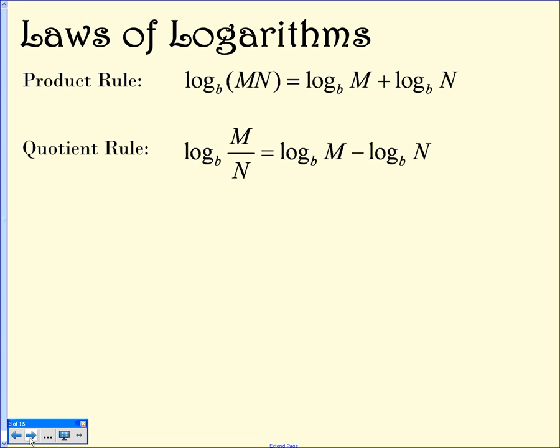For the quotient rule, m over n is subtraction. So if you want to make them two separate logs, you have to subtract them.